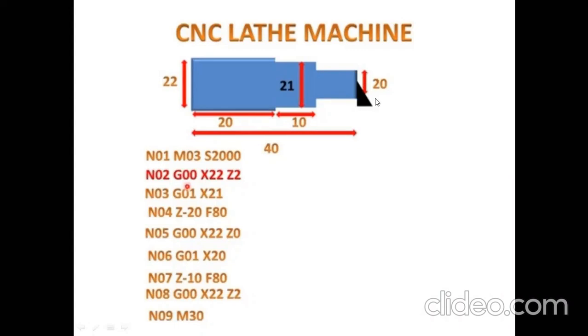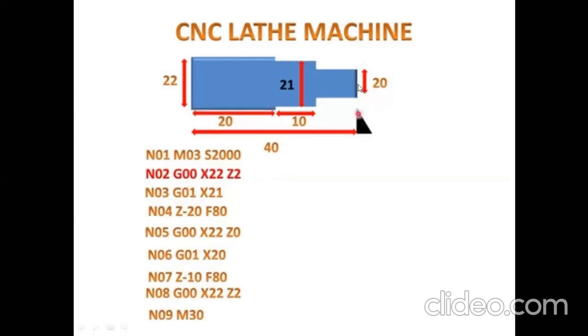So we have to specify the location of your tool at the home position to carry out the machining operation, which is represented by X22 and Z2. So when this tool is moving from home position to the working position, its position is around X22 and Z2 at this location.